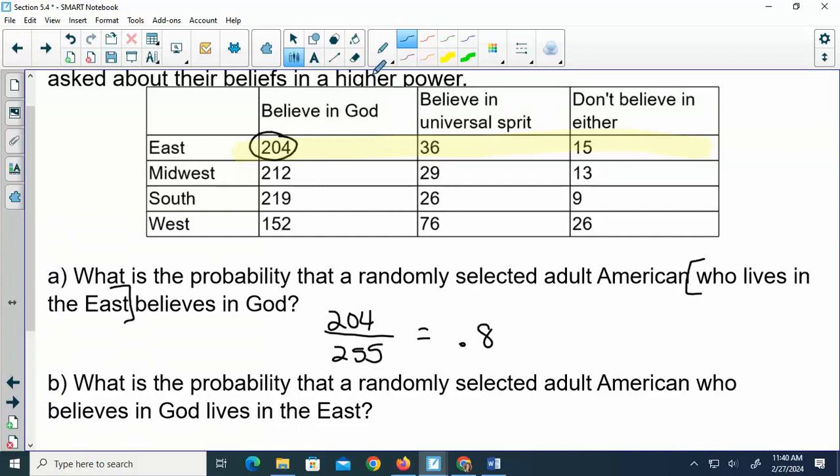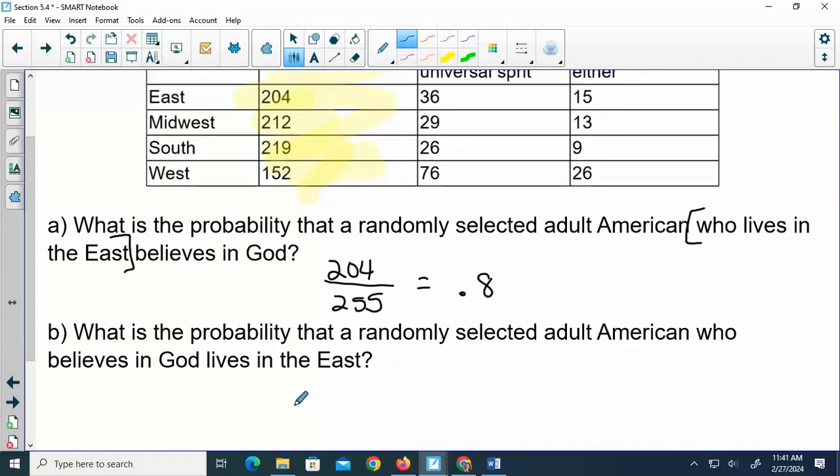All right, now I'm going to flip the question. What is the probability that a randomly selected adult American who believes in God lives in the East? So what do I know? It's somebody that believes. So my denominator is only out of those people. How many are there?